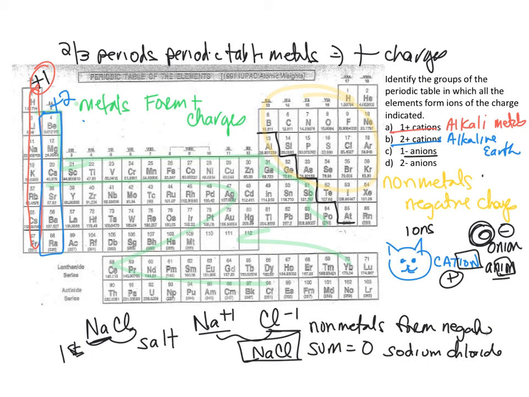So -1, that would be the halogens. Your halogens are -1. Your noble gases do not form charges. They're noble. They do not interact. And then the -2 are here, they would be group 6A, which form the -2.